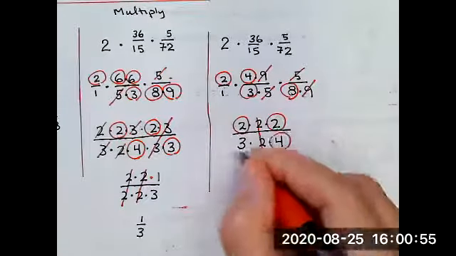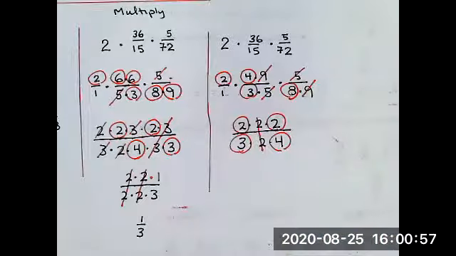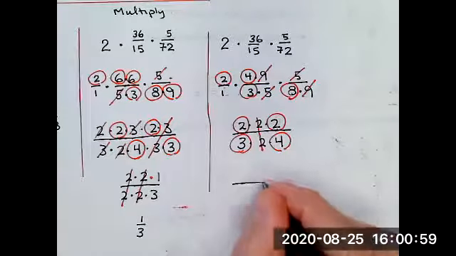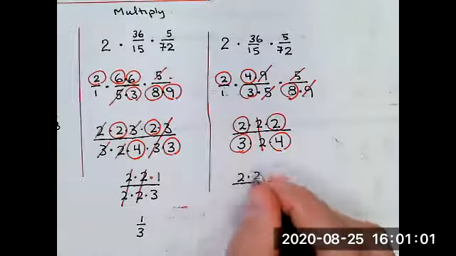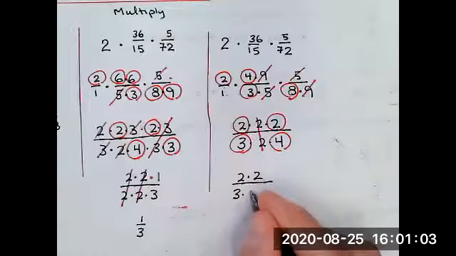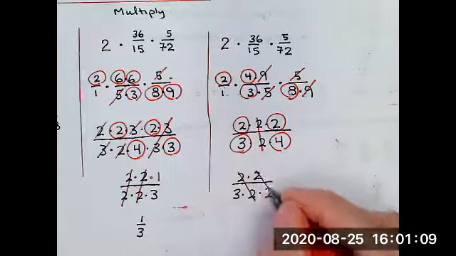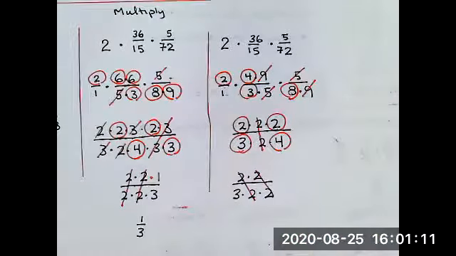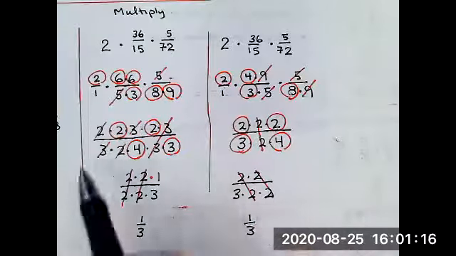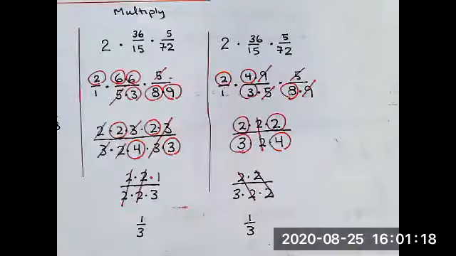And then I can break down this 4. Over 2 equals 1. So it doesn't matter how you start, as long as you keep reducing, you'll eventually get the correct answer.